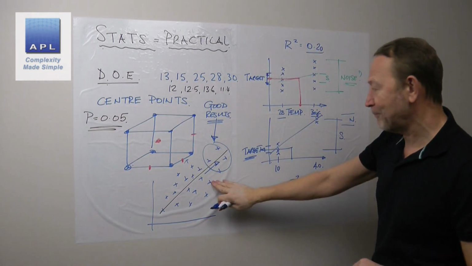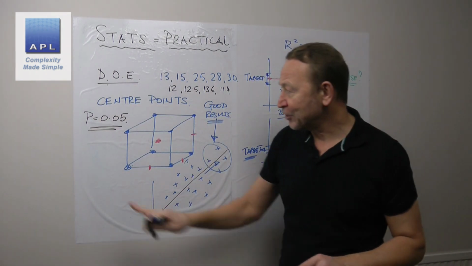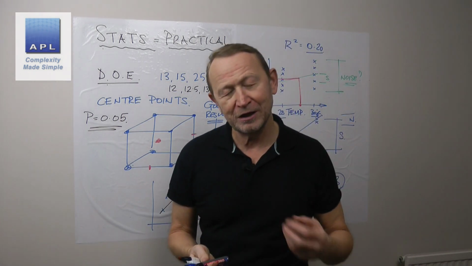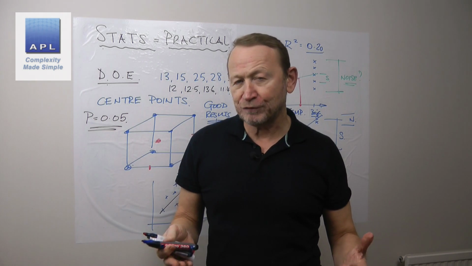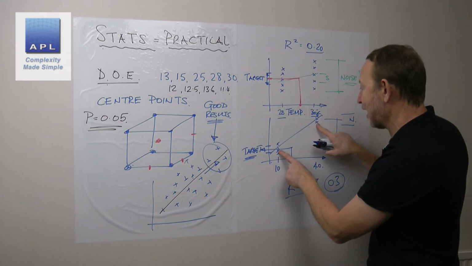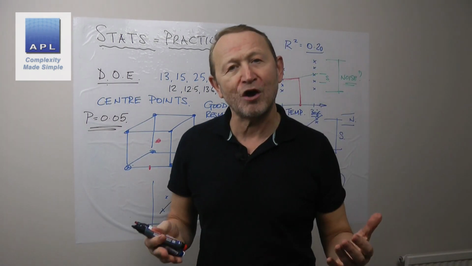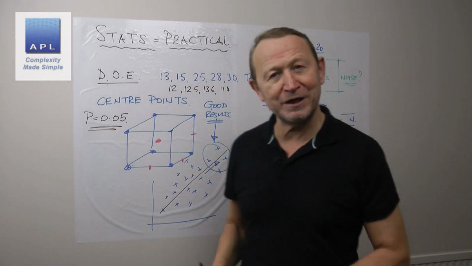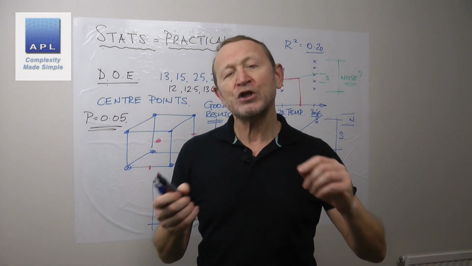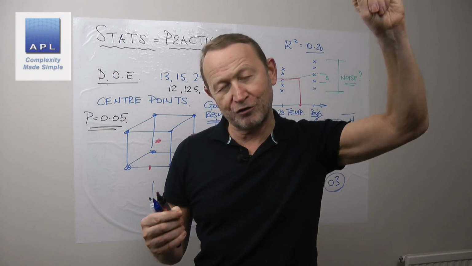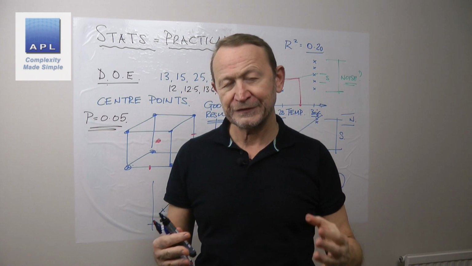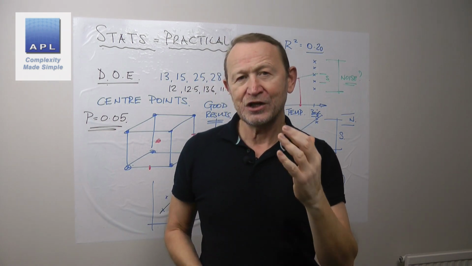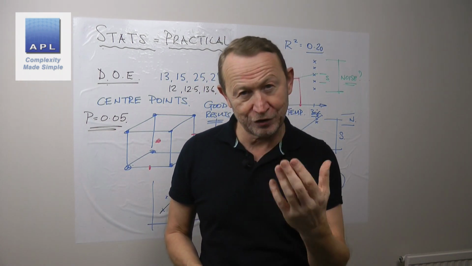We don't mean it from a practical point of view. You can have a p of 0.05, but if it's not useful to you, if the signal created won't help you to solve the problem, this p-value is not going to help you. You need the signal that you created to be practically useful. And that's the difference.